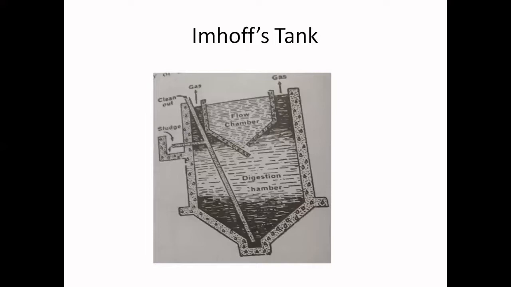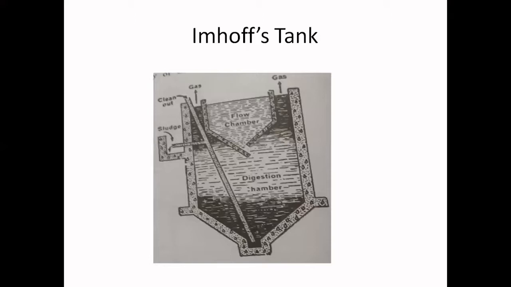The advantages of the Imhoff tank are that it has an improved design that maintains anaerobic conditions more strictly. It is possible to dry the sludge obtained from the Imhoff tank and use it as fertilizer. The process of sludge digestion in the Imhoff tank is more efficient than that of the septic tank.